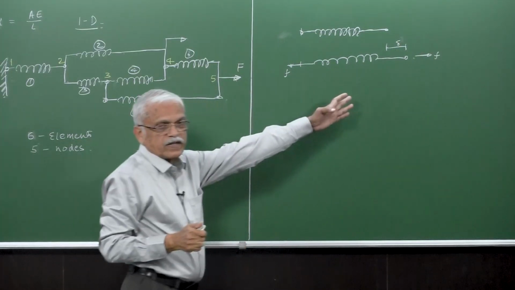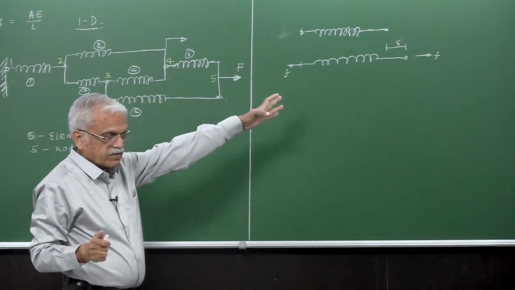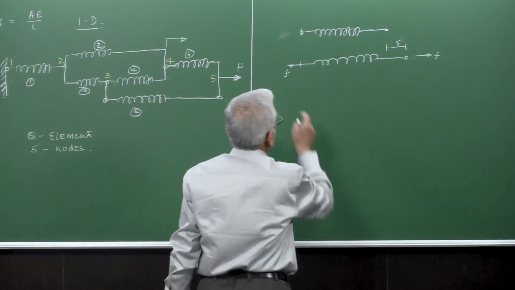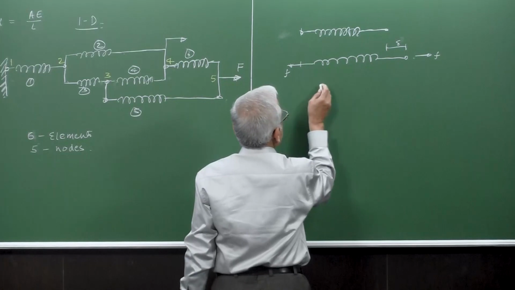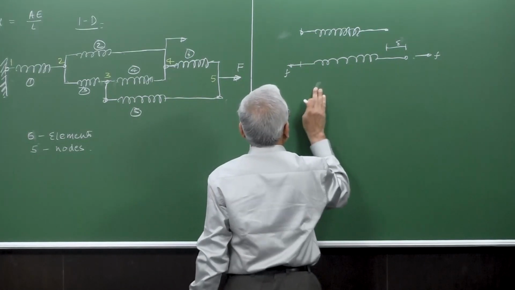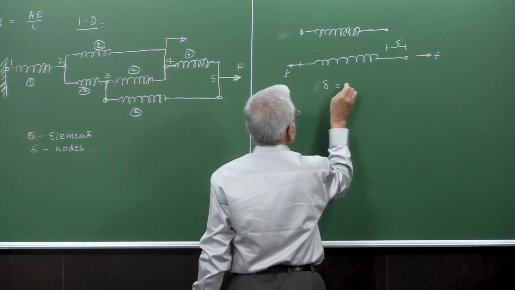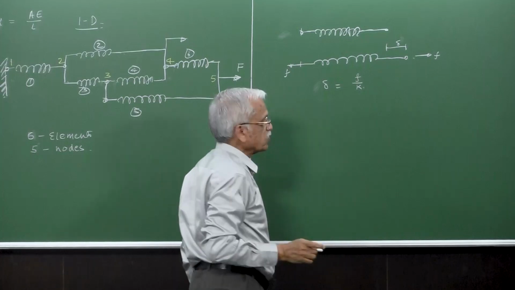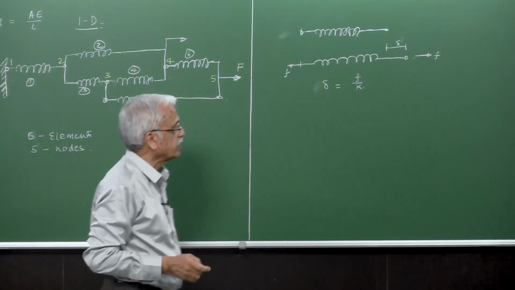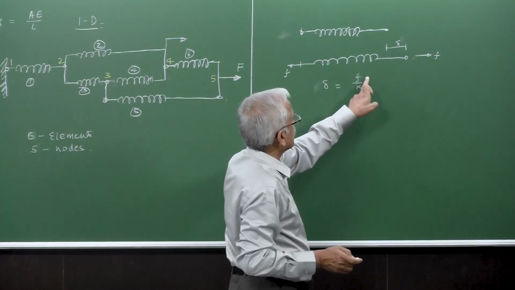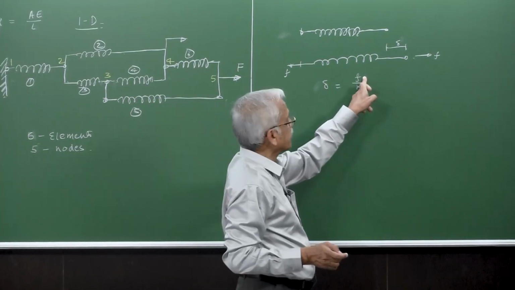I want to put it in a general reference coordinate formulation. So this F is, as we have seen there, delta is equal to F by K, where K is the stiffness of the spring, right? So this is the deformation and this is the internal force.